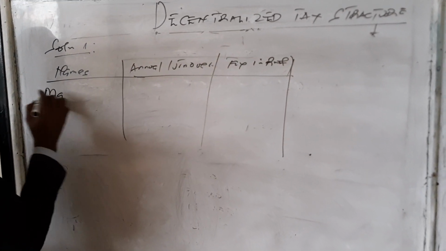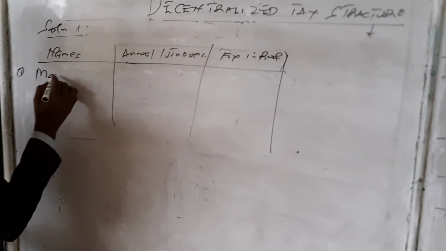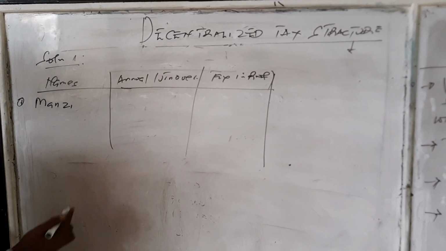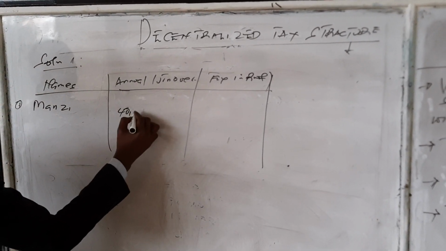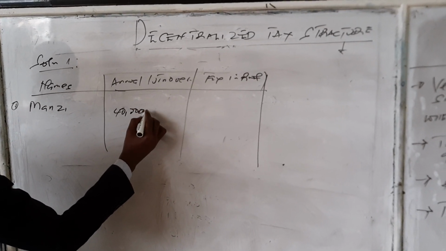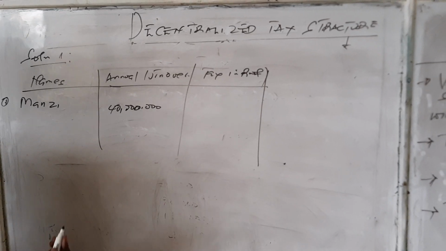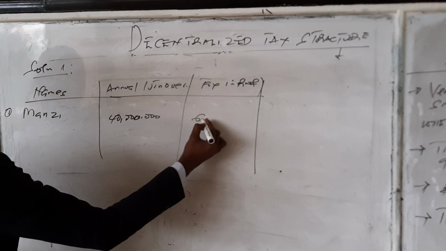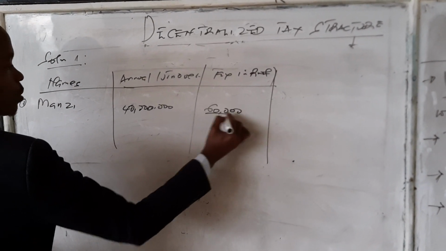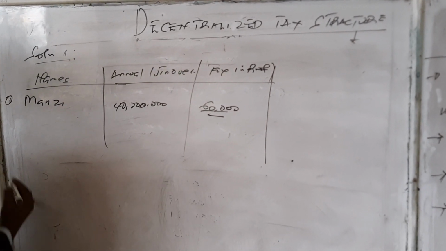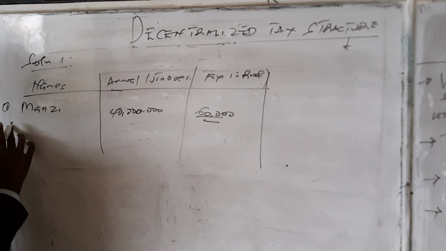So Manzi, the first businessman, lies in the turnover of 40 millions, and from 0 to 40 million you pay 60,000. So Manzi will pay 60,000. Again, Murenzi.